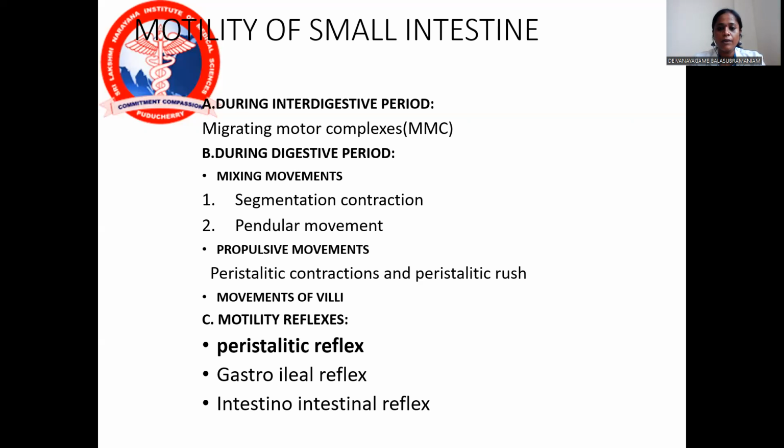The mixing movements are further divided into segmentation contractions and pendular movements, whereas the propulsive movements are the peristaltic contraction and the peristaltic rush. The next one is the motility reflexes, which are divided into three: the peristaltic reflex, the gastroenteric reflex, and the intestinal reflex.